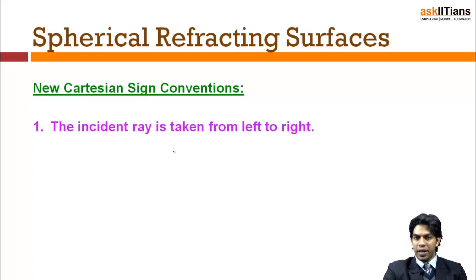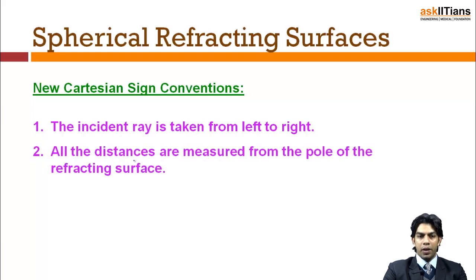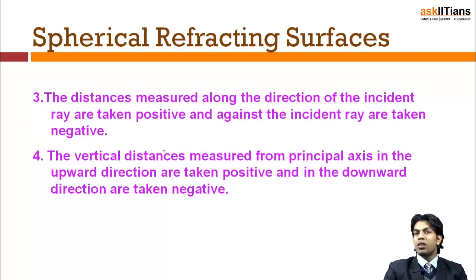So the incident ray is taken from left to right, the direction of positive quantities. All distances are measured from the pole of the refracting surface, same as in reflection. The distance measured along the direction of the incident ray is taken as positive, and against the direction of the incident ray it is negative. The vertical distance measured from the principal axis in the upward direction is positive, and in the downward direction it is negative.